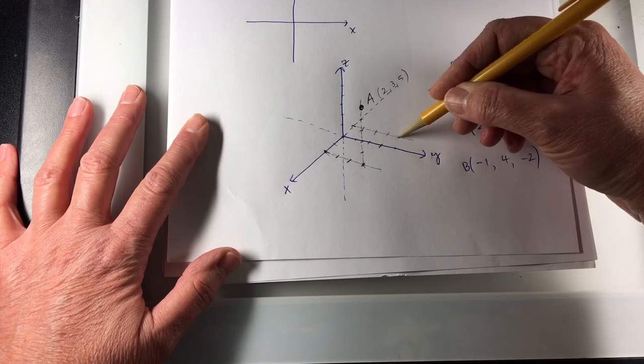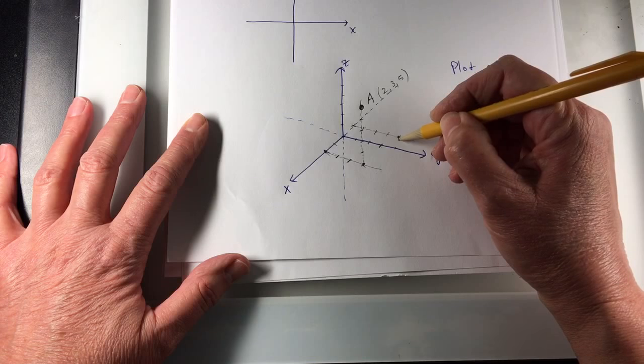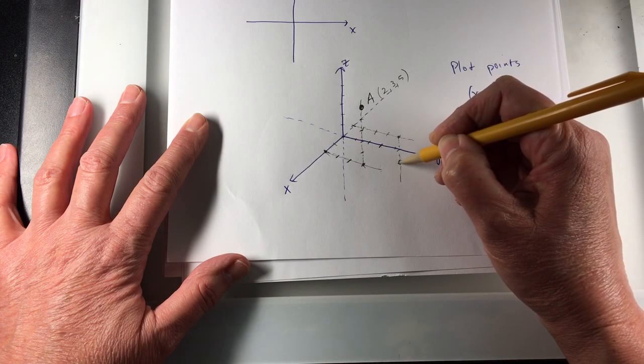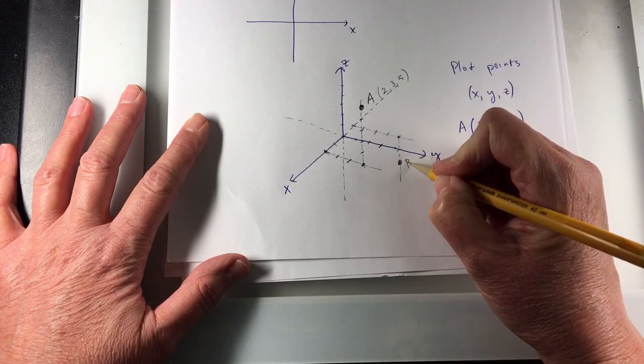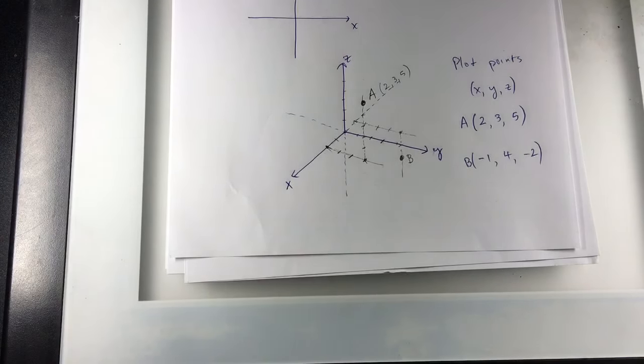So I'm here, this is before I've done Z. Z is -2, so from here I'll go down 2 units, and here's point B. And I tried not to clutter it up too much, but the first part of 12.1 is plotting points in 3 space.